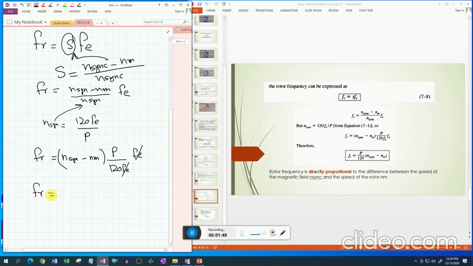So fr will be equal to p divided by 120, times (n synchronous minus nm). So the rotor frequency is directly proportional to the difference between the speed of the magnetic field n synchronous and the speed of the rotor nm, and this is the proportionality constant.